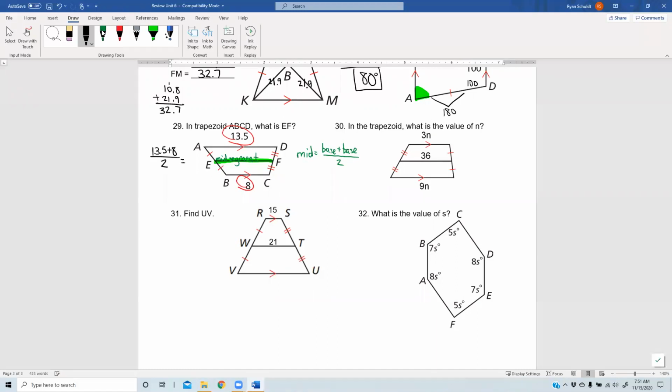That's going to give us 10.75. So what's EF? EF is 10.75.